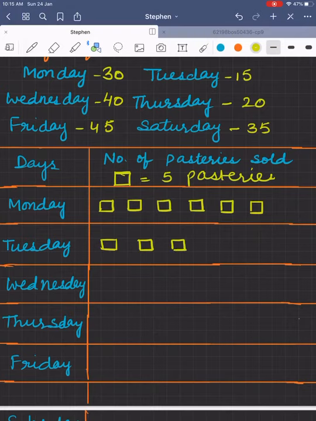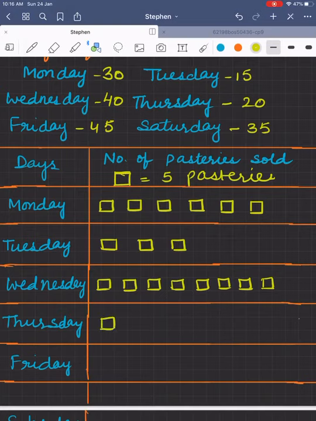On Wednesday, 40 pastries are sold, so 8 squares represent 40 pastries as 8 fives are 40. So we draw here 8 squares. On Thursday, 20 pastries are sold, so 4 squares represent 20 pastries as 4 fives are 20.